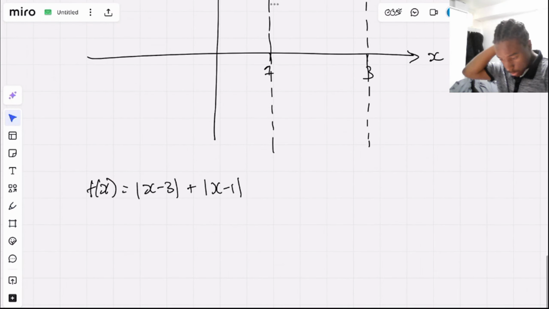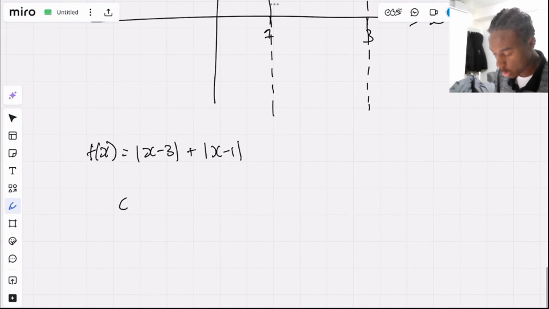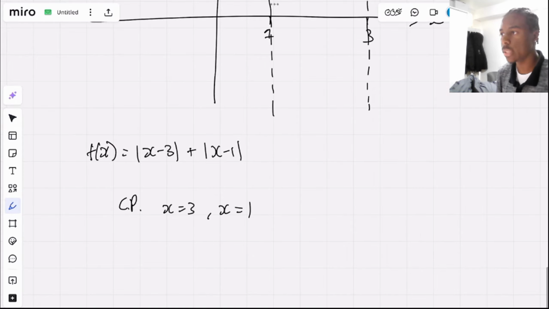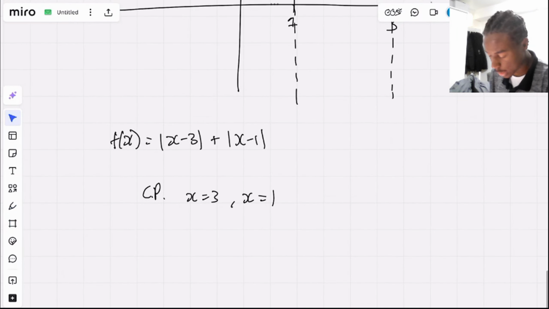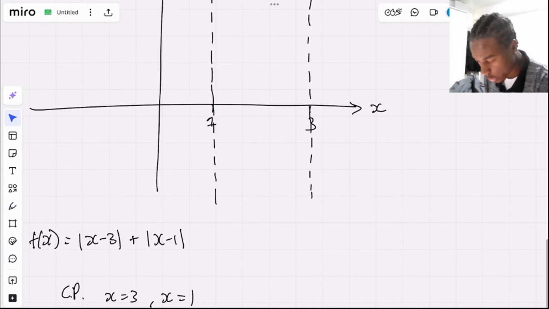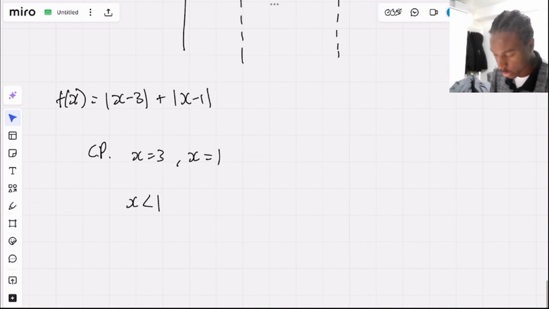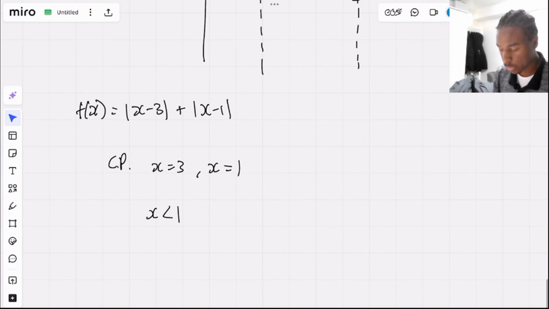Okay, so our critical points are going to be x equals 3, x equals 1, like we said. And now let's think about the 3 cases that we have. So let's think about case 1, when x is less than 1. So when x is less than 1, x minus 3, think about it. As x becomes more and more negative, this inside bracket here becomes more and more negative.